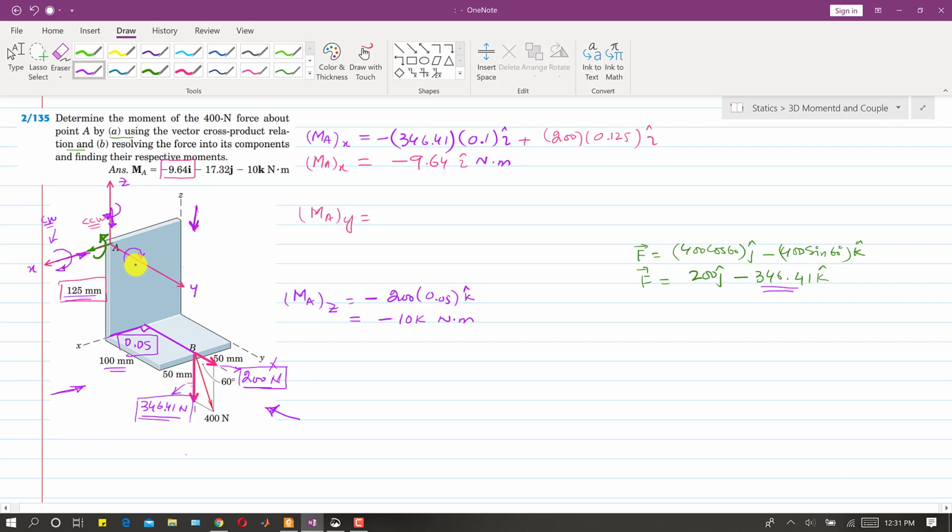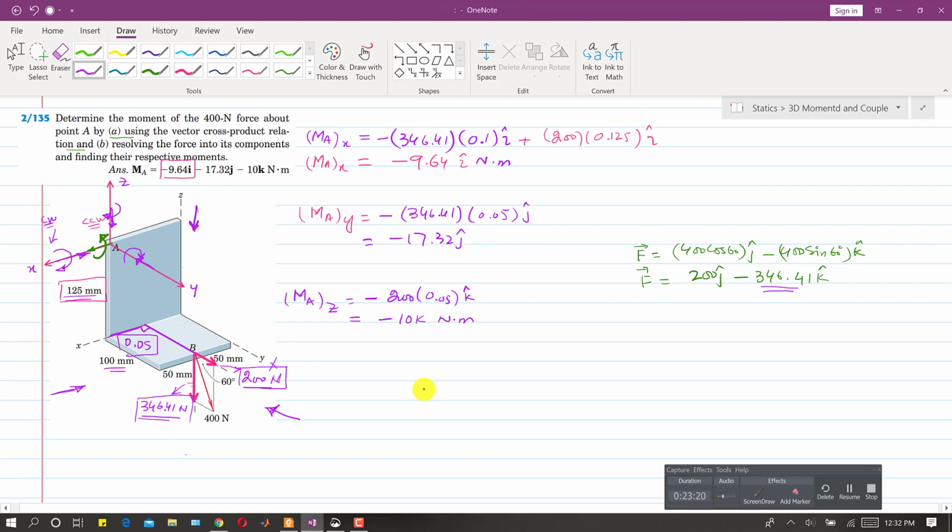This is the direction. If we curl our right hand fingers in this direction, our thumb will point in the negative y direction, so we will write minus 346.41 multiplied with 0.05, and this will be along j. If I solve this, we will get minus 17.32 j, and this is also in Newton meters.